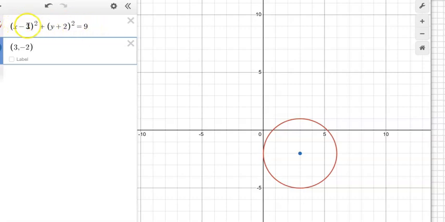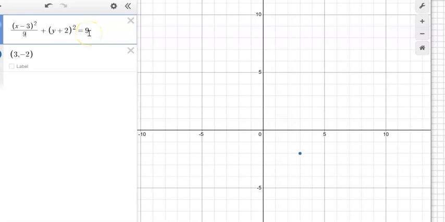In other words, instead of saying this is equal to 9, I divide this right-hand side by 9, I get this, and divide the left-hand side. And if I divide this right-hand side by 9, I get 1. And I still have the same shape. So there's our basic idea of a circle. I can move things left and right here. I can move things up and down here.